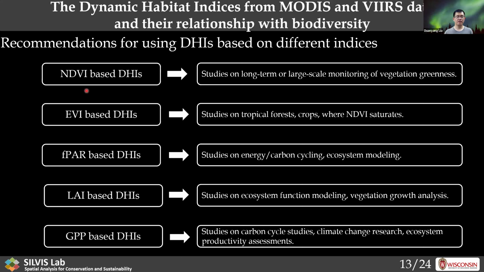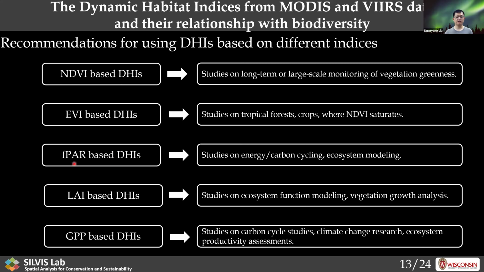The NDVI and EVI based DHIs are effective in monitoring vegetation greenness, because they are simple, consistent, globally available, and robust to analyze across space and time. Especially the EVI-based DHI has the advantage of reducing atmosphere and soil background noise.